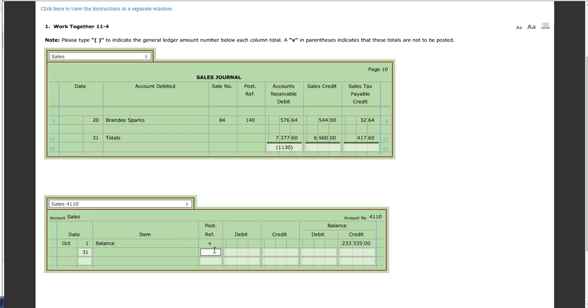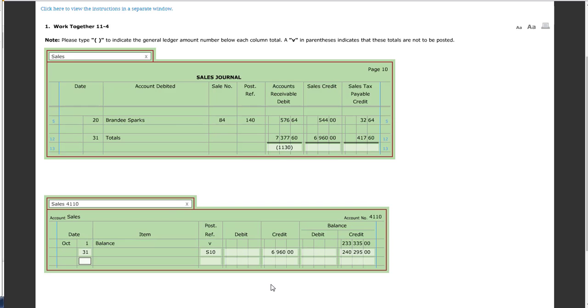Date is the 31st. Still is S10. I'm going to credit sales $6,960. Previously had a credit balance, I'm going to add together. That is a big number, I agree.